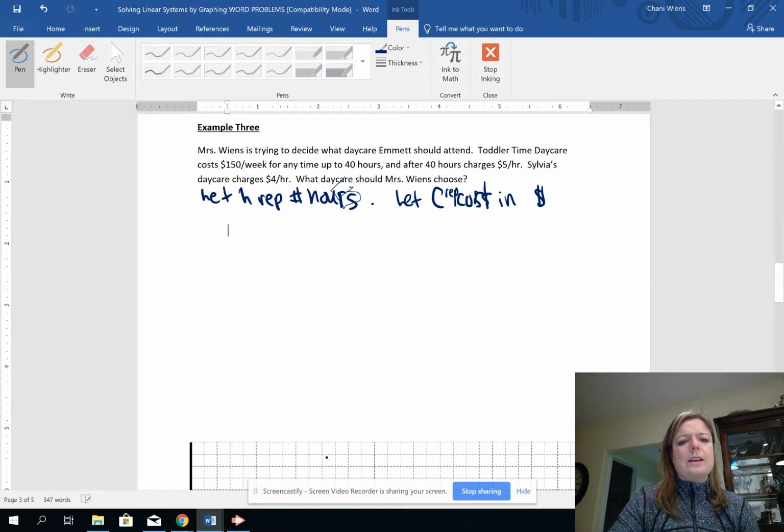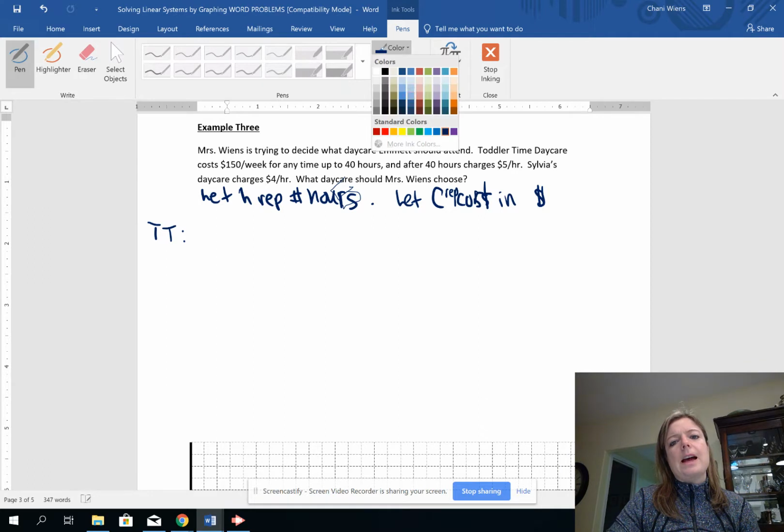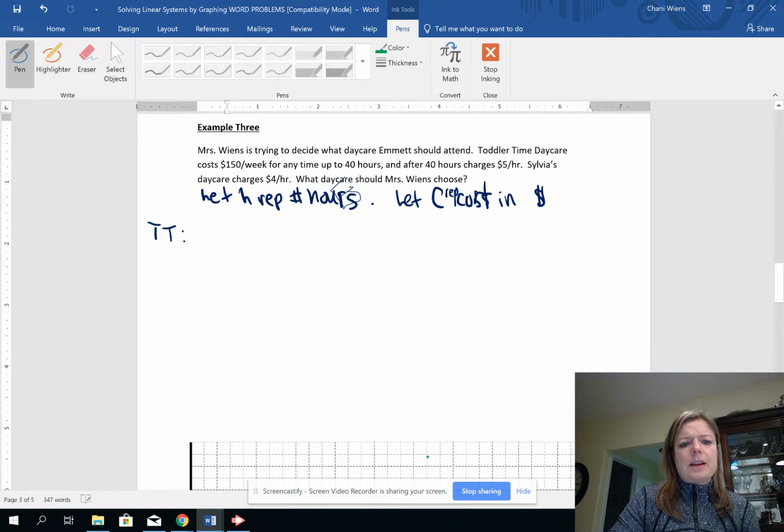Okay, so let's look at Toddler Time. So Toddler Time has this two-part equation, right? So Toddler Time, its cost is just $150 for any H less than or equal to 40. But then that cost becomes $150 plus $5 for any hours greater than 40.